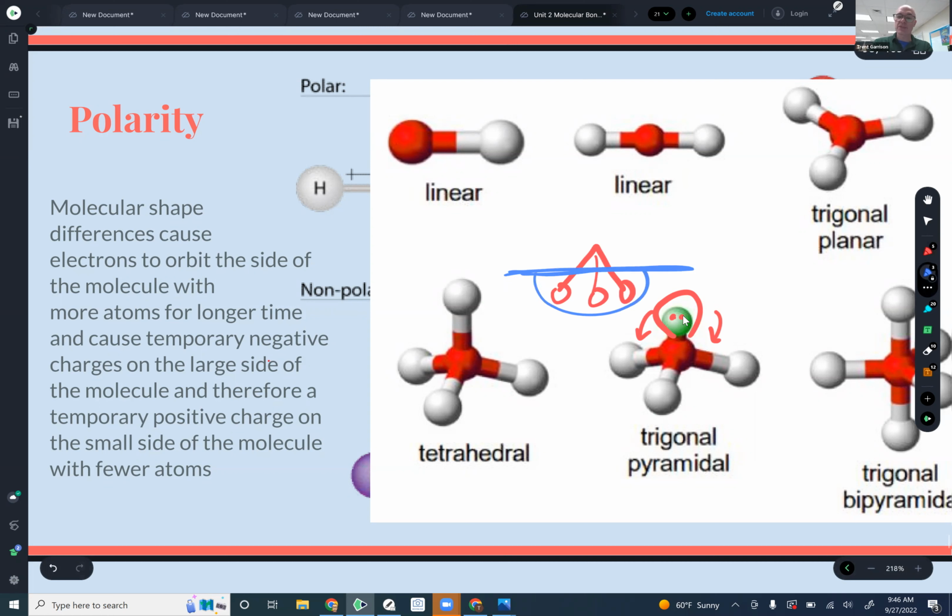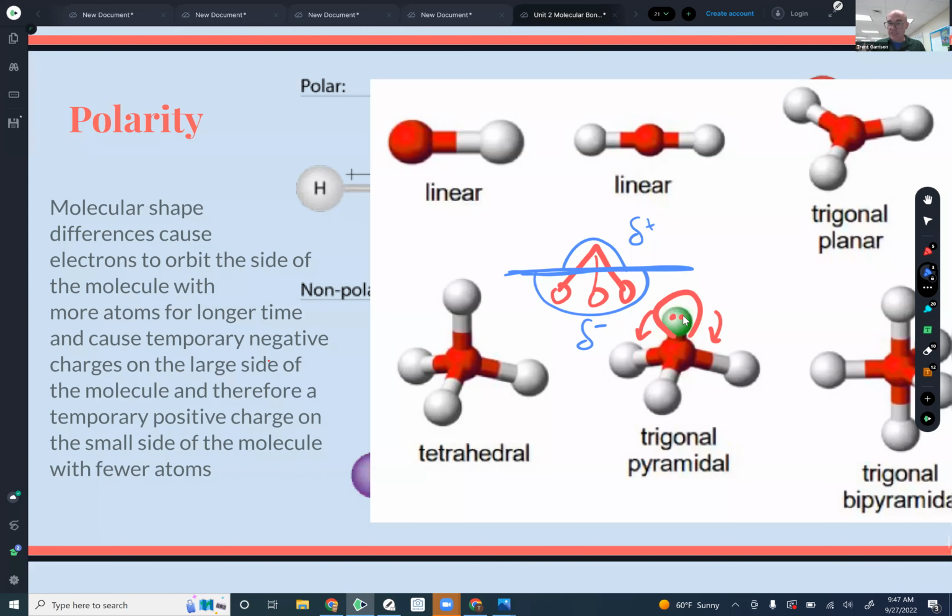There are more atoms on the bottom half than there are on the top half. Well, that causes a polarity. Now, this polarity up here would have fewer electrons, and there would tend to be more electrons down on the bottom. Now, there could be a case where the atom is so much larger in the center that it causes the electrons to be on the top. But generally speaking, we have polarity. You just kind of have to combine the two terms and understand that if the size is polar, or if the shape is polar, it doesn't matter which it is. If one of the two is polar, the entire molecule is polar.